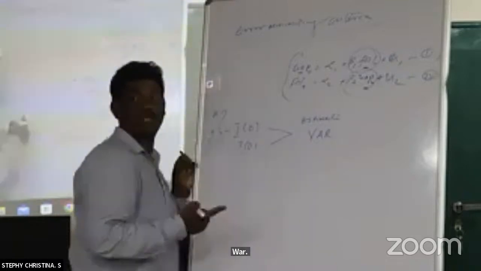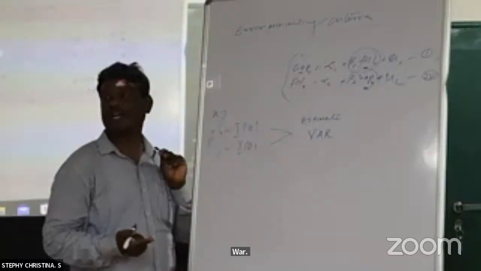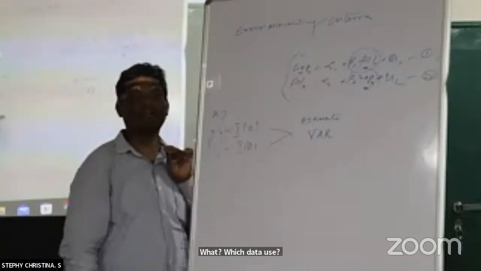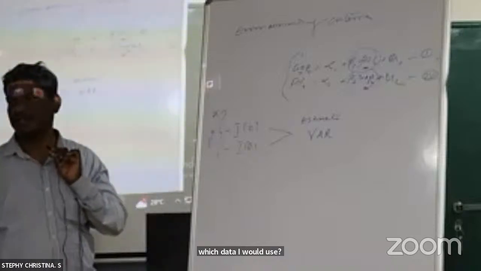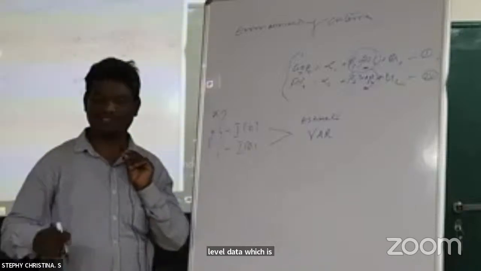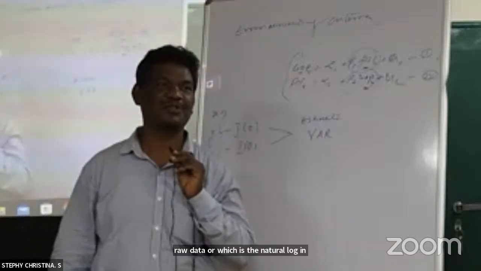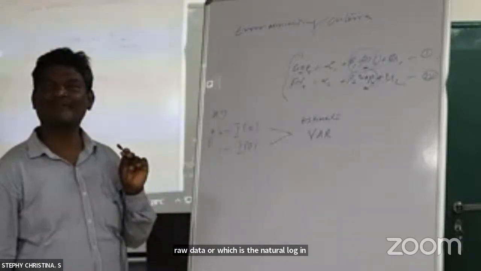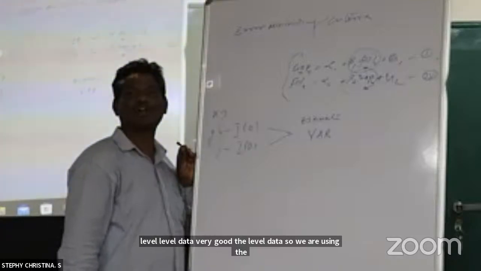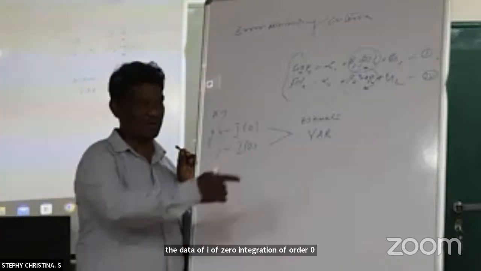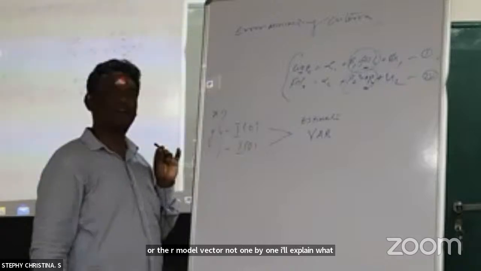Which data do you have to use? Level data, which is the raw data, or the natural logarithm. So level data, very good. The level data. So we are using the data of I of 0, integration of order 0, for the VAR model. One by one I'll explain what VAR is. So vector autoregressive model.